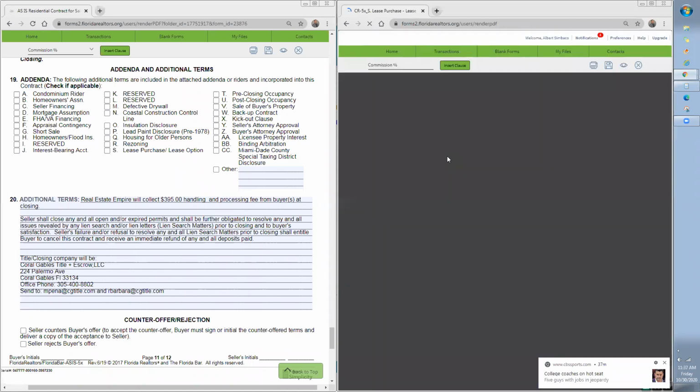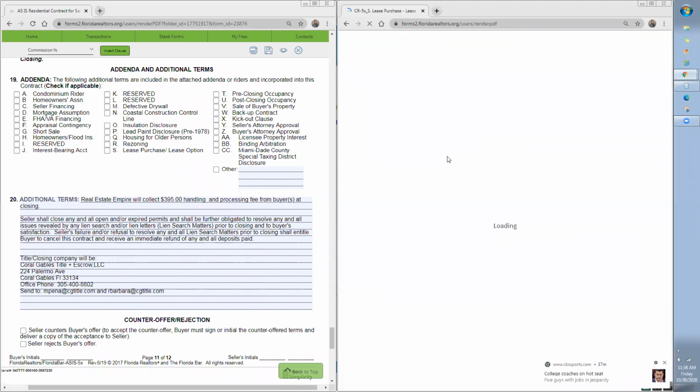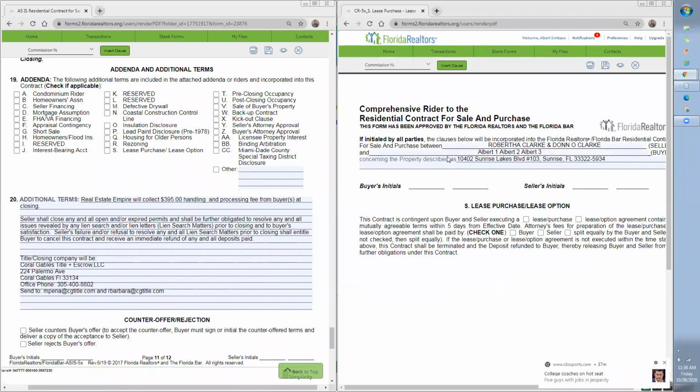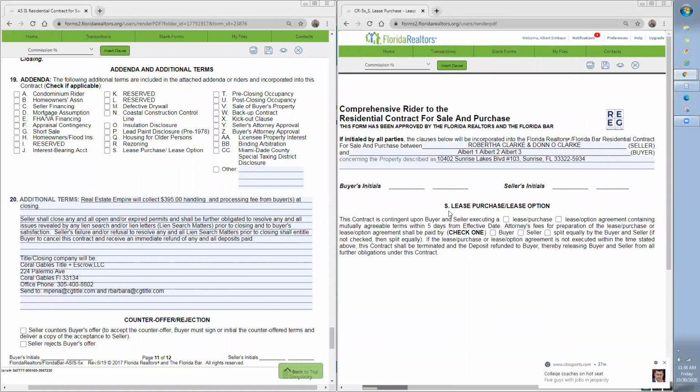This is really something that needs to be done with a lawyer. We have the ability to offer this contingency or this addendum stating, we are looking to buy this property, here is the as-is contract, but my client wants to lease it before he buys it.